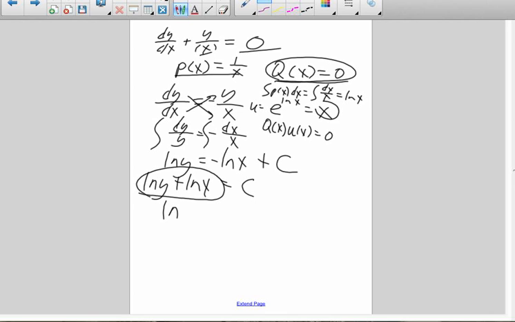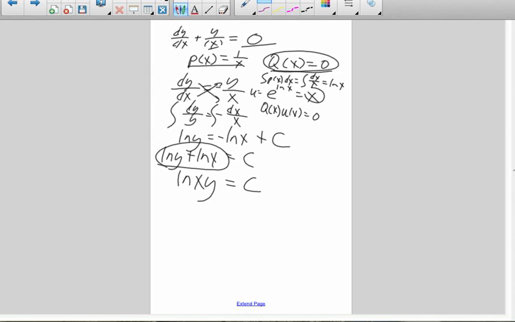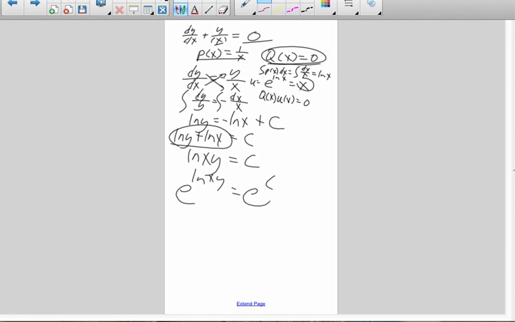So this gives me a natural log of x times y equals c. And I raise everything to the e, so e to the natural log of xy equals e to the c, or xy equals e to a constant, which is just another constant. All right? And so there's our solution.